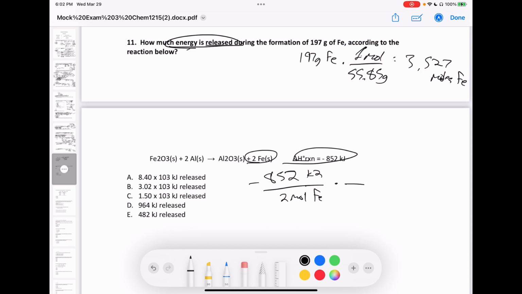And we can multiply this by the amount of moles of iron we actually created. These cancel, and you're left with the amount of heat you actually released given the moles of iron you created.